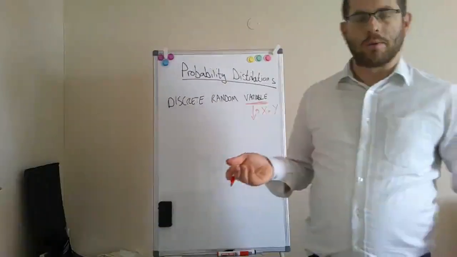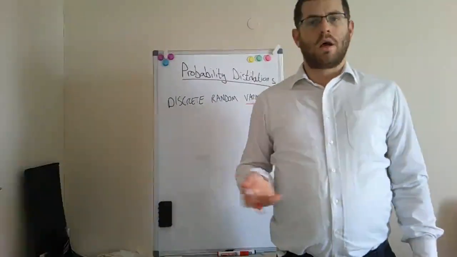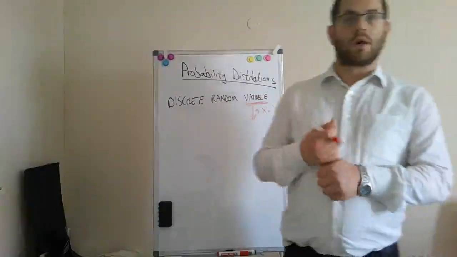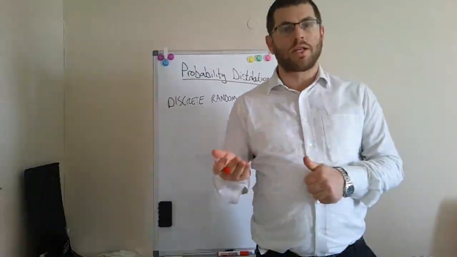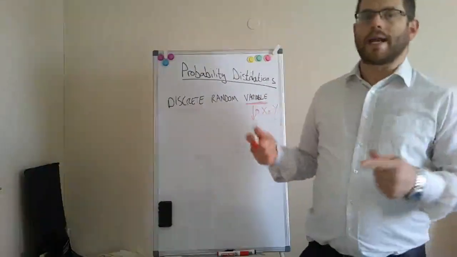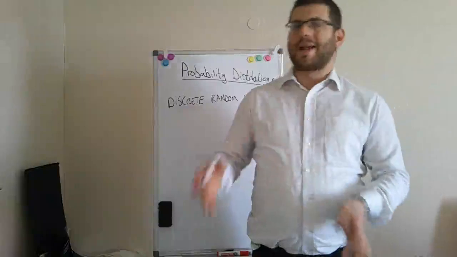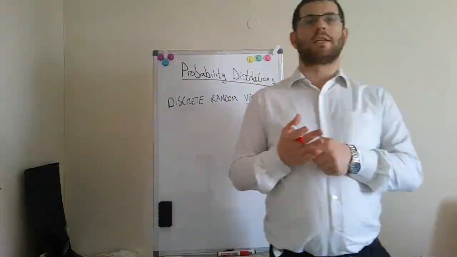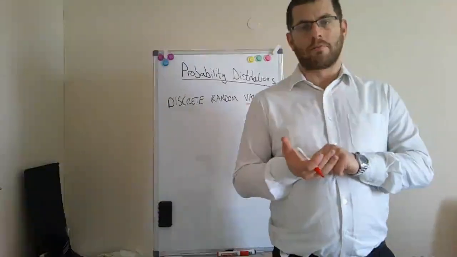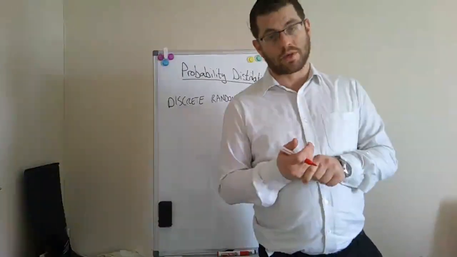If you do an experiment, you don't always get outcomes that are numerical. For example, when I toss a coin, I get a head or a tail. Now, a head is not a number. The outcomes of that experiment are not numerical. We're going to see later we can play around with exactly how we define the experiment to ensure that tossing a coin can be considered a discrete random variable in various circumstances.